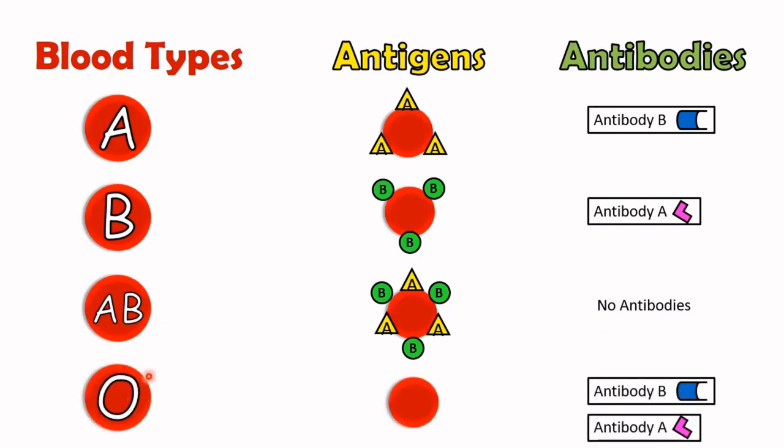For the last blood type, which is O, there are no antigens here. But in the antibodies, it will have the antibody B and also the antibody A.